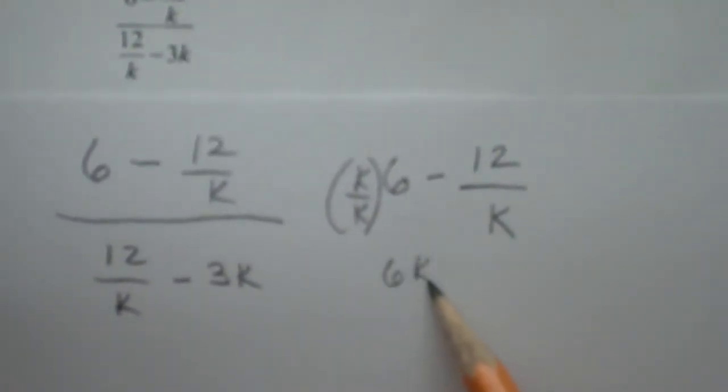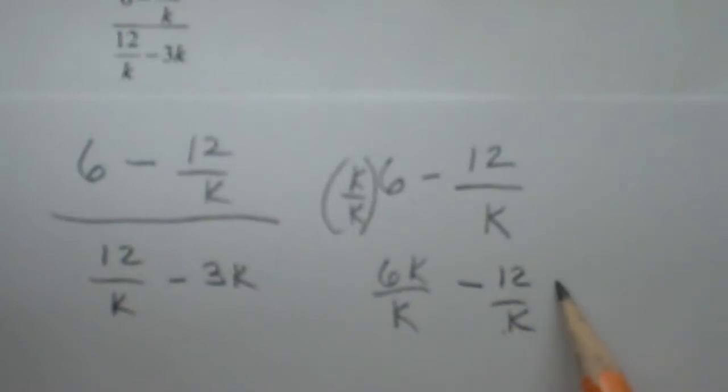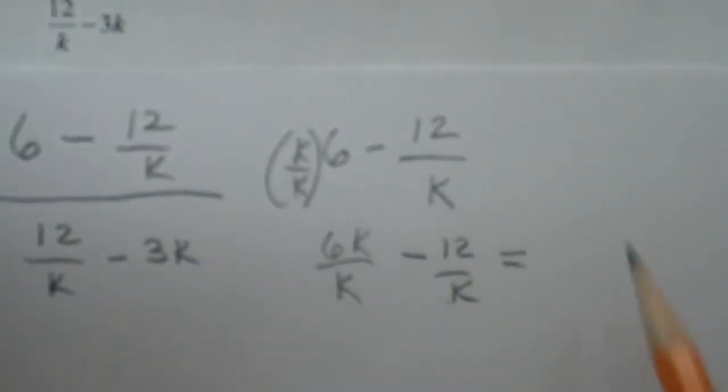So k times 6 is 6k. It's now 6k over k, right? Because you see how those k's would cancel out and I'd get that 6? This is the same as that. It just looks different. 6k over k minus 12 over k. The nice thing now is that this has a common denominator, which means that we can actually combine things.